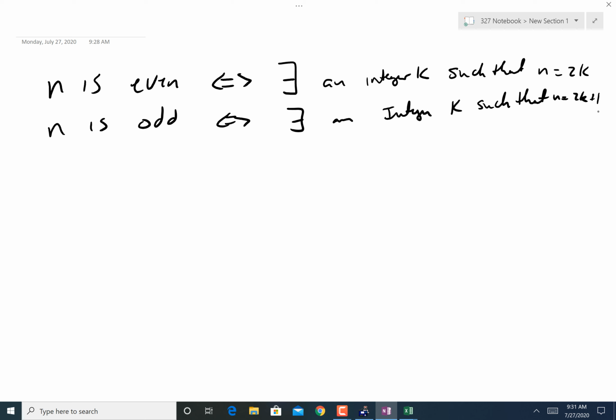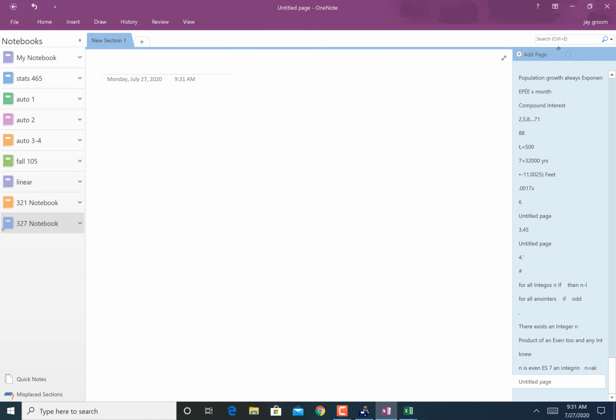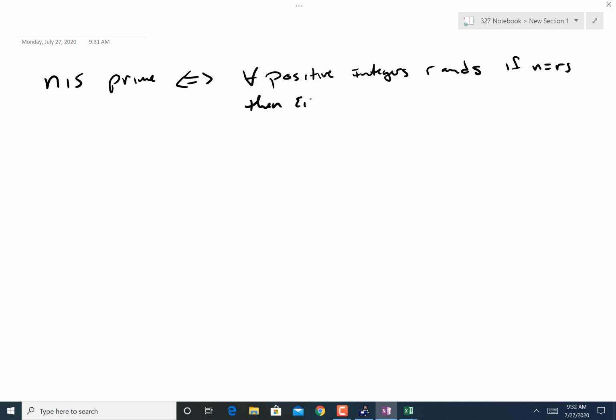Okay, so we know what prime is, but here's how we would write prime. So n is prime if and only if for all positive integers r and s, if n is equal to rs, then either r equals 1 and s equals n, or vice versa.